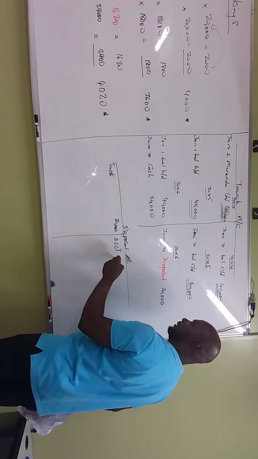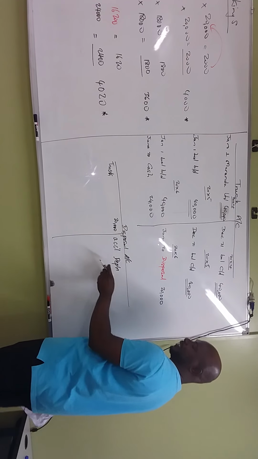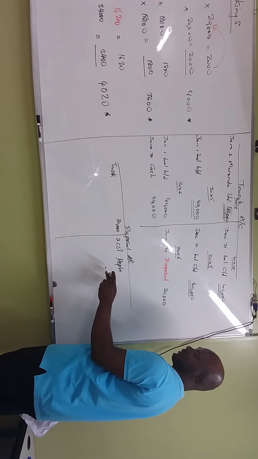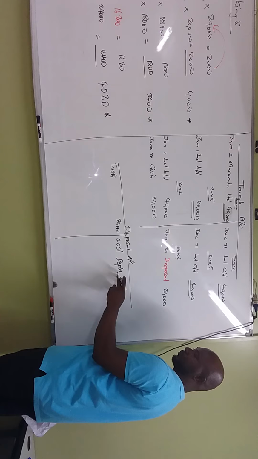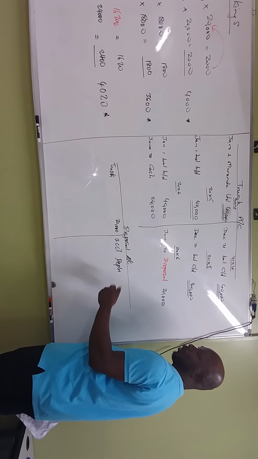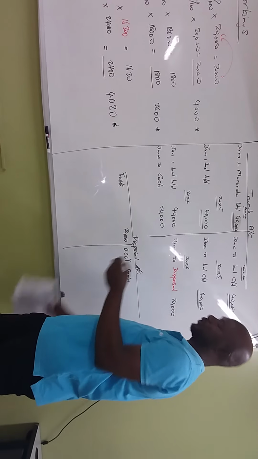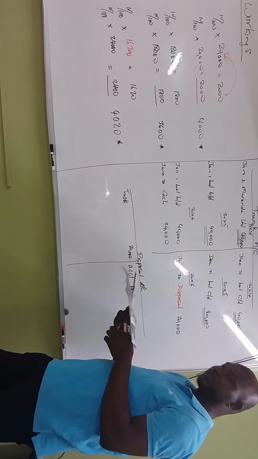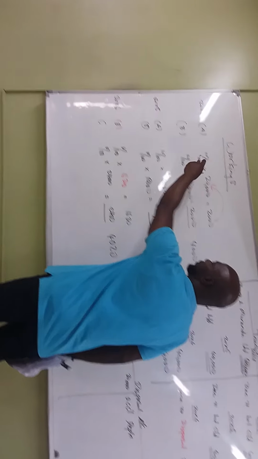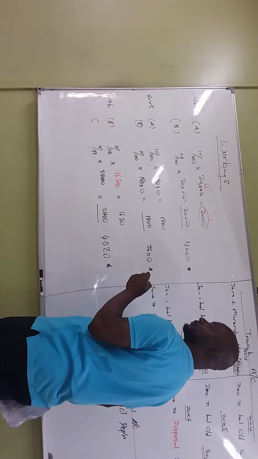Now we need the accumulated depreciation, meaning the total depreciation on the asset that we would have sold. We want to know how much the asset had depreciated by up to the point of sale. To know this, let us go back over to the workings. We sold asset A. In 2004, asset A had depreciated by $2,000.